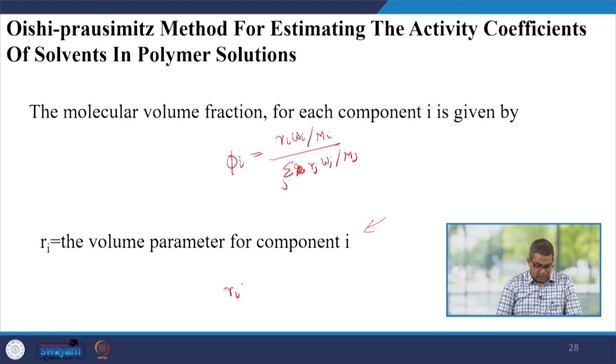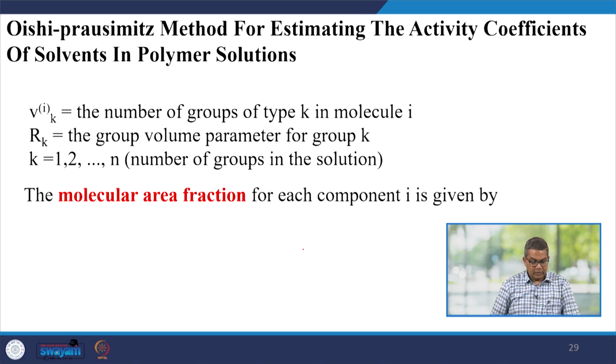So Ri can be given as summation over K of Vk I Rk. Here Vk I is the number of groups of type K in molecule I. Rk is the group volume parameter for group K, and K is equal to 1 to n, that is the number of groups in the solution.